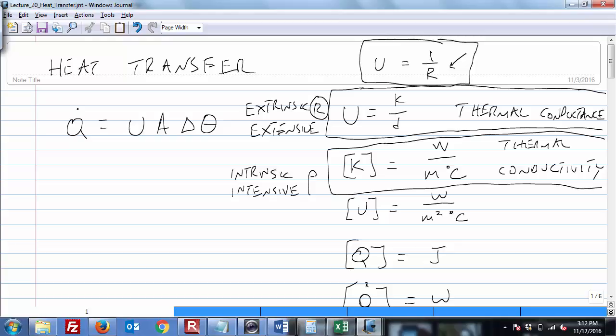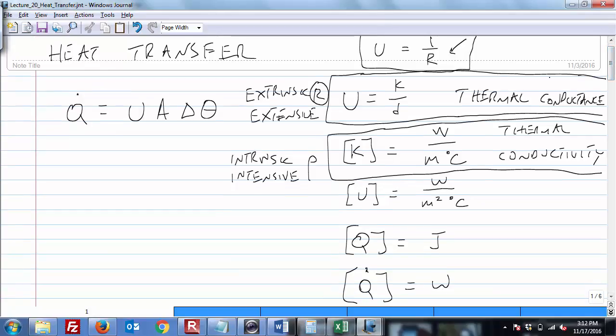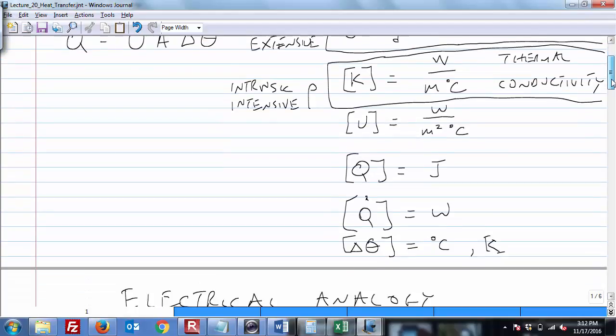So thermal conductivity, thermal resistivity. The units of the thermal conductance are watts per square meter per degree Celsius, which is what we just did. If I had given you the wall thickness, I would have been asking for the thermal conductivity. This is basically your heat loss coefficient. It's how quickly heat's flowing away.